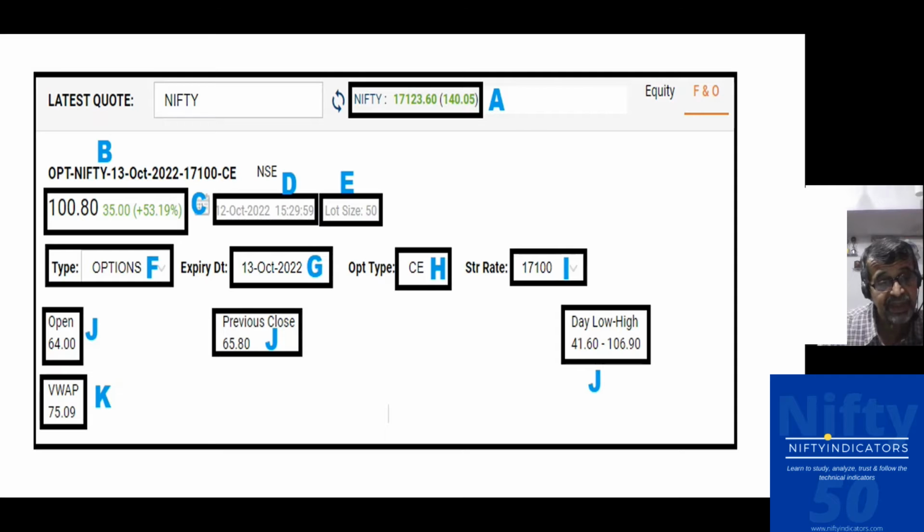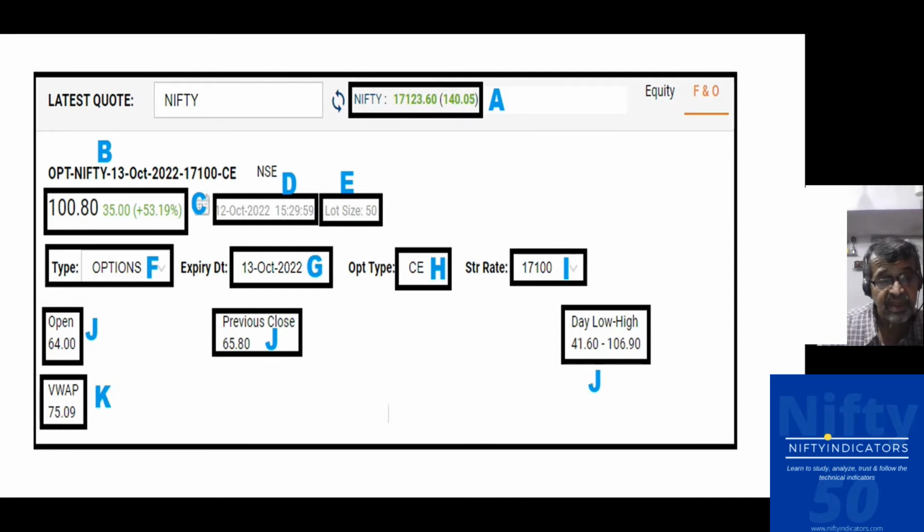G gives the expiry date, that is 13th October 2022 in this case. H mentions option type, call or put. C means call. I gives strike rate. In this case, it's 17,100.